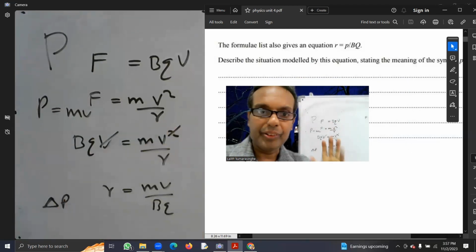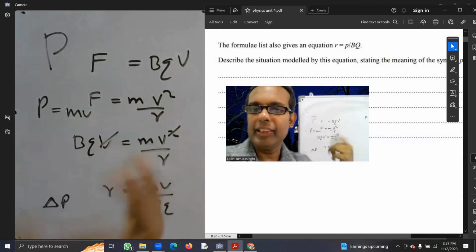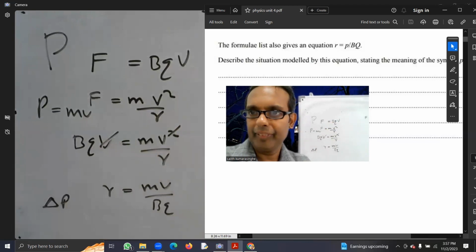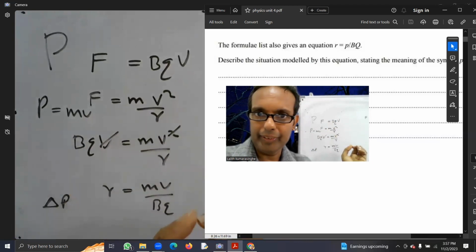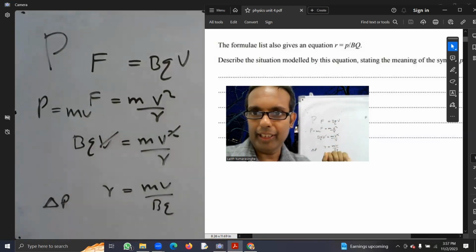Without that also fine. So you can say when a charged particle is moving in circular motion, p is the momentum of the particle, r is the radius, B is the magnetic field, q is the charge of the particle. They are asking for the meaning of p only. So p is momentum. When an object is moving in circular motion, this equation is valid. If you want, you can mention 90 degrees to the magnetic field. No need.